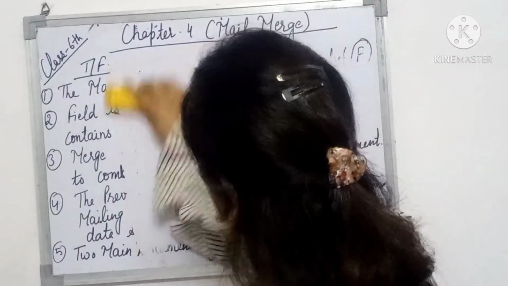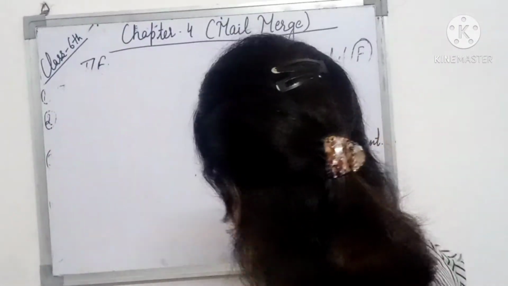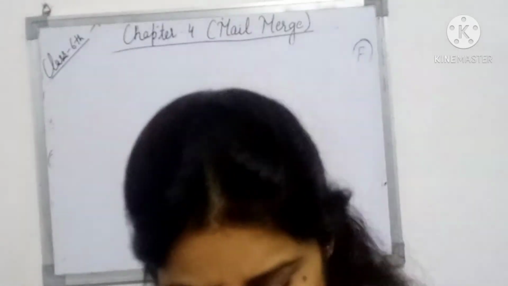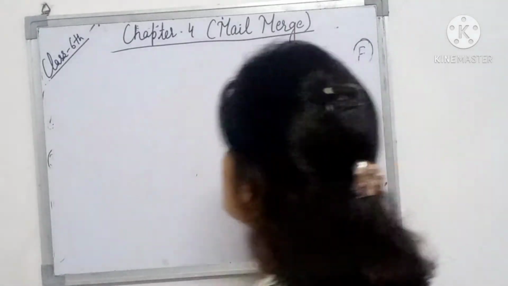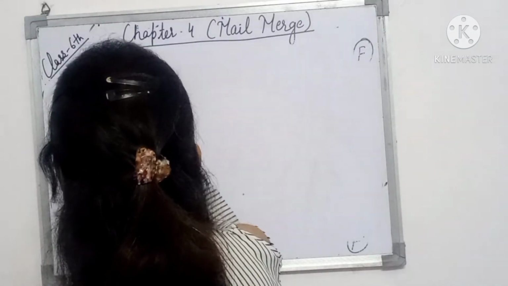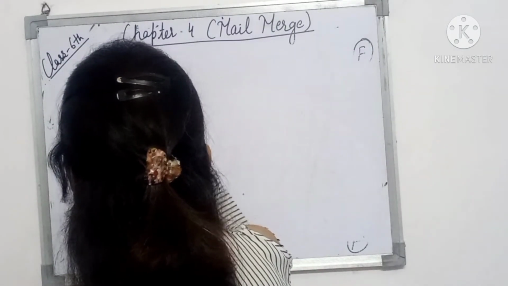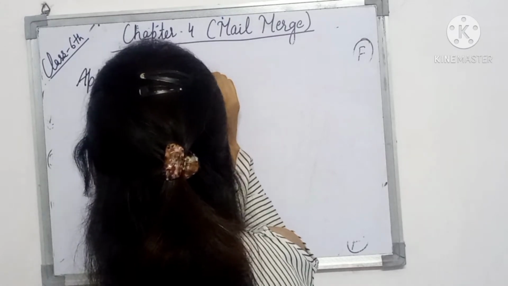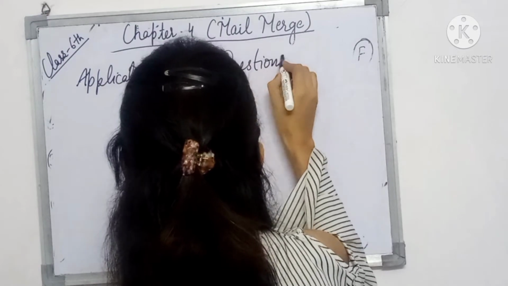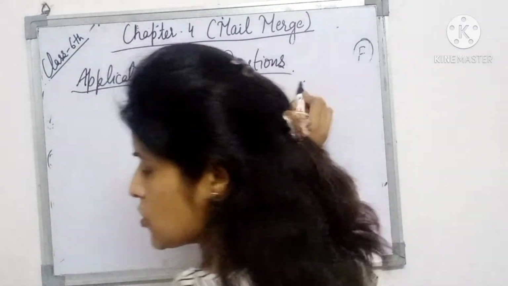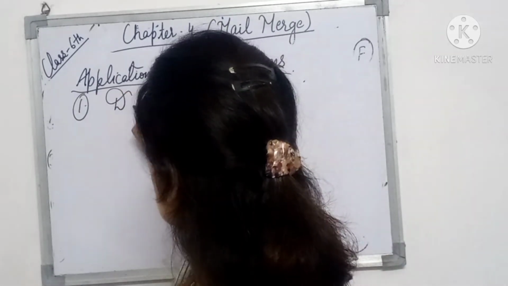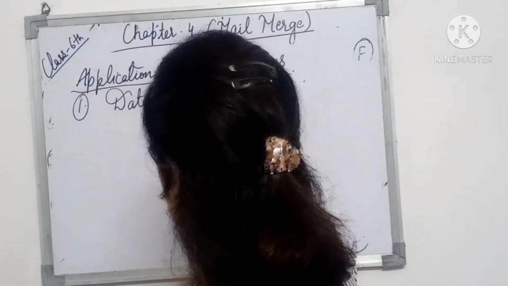Application based questions, its first answer will be the data source. I am writing here. You can note down in your book. Application based questions, the first answer is the data source.